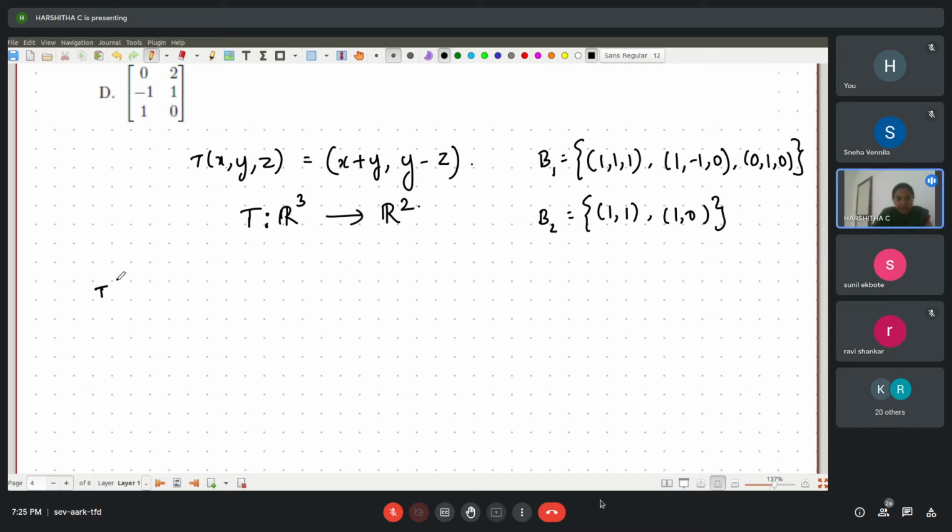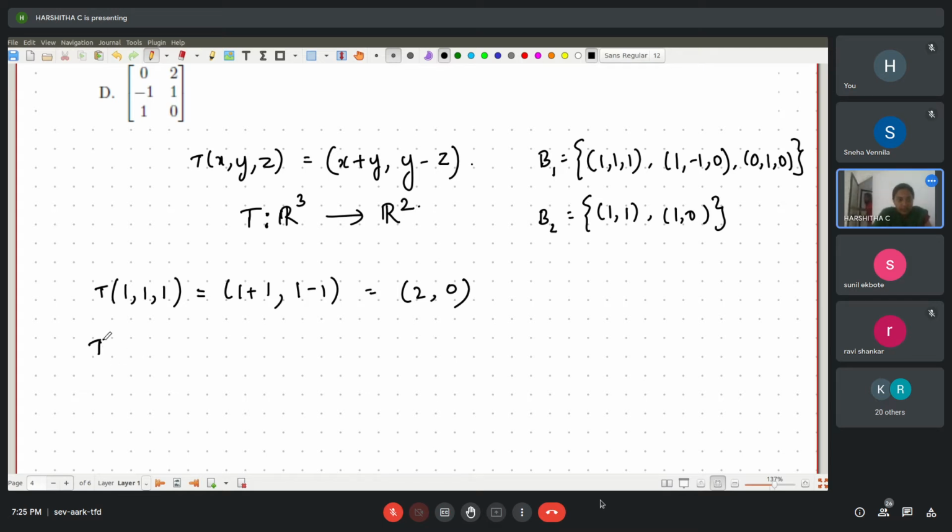So we'll do that. Let's first find out what is T of (1, 1, 1). So it is x plus y, y minus z, right? So that will be 1 plus 1, 1 minus 1, which is (2, 0).